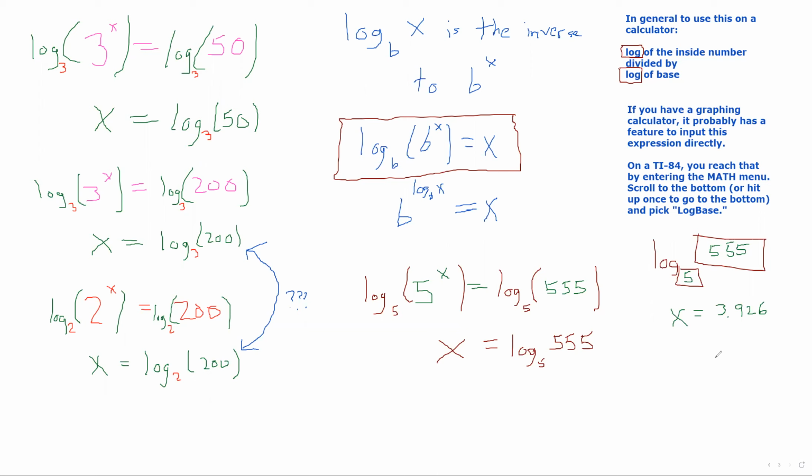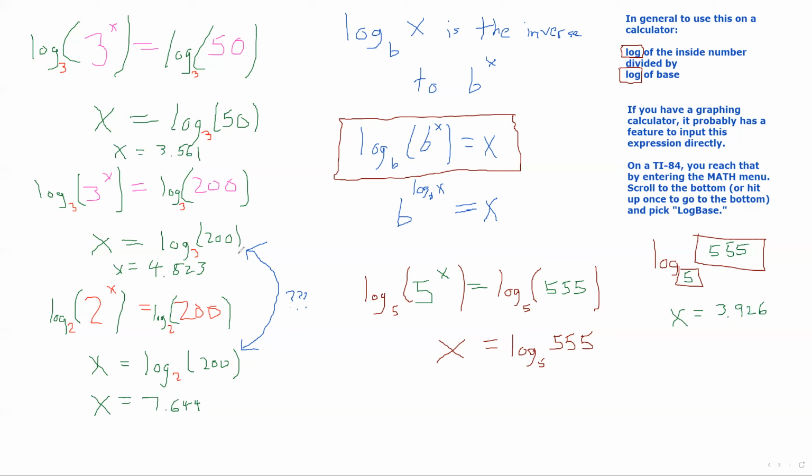Log 200 divided by log of 2. This is x equals 7.644. If I did instead with log 3 for the previous question, this is x equals 4.823. And the top one, the very first one we did with the 50, is x equals 3.561.